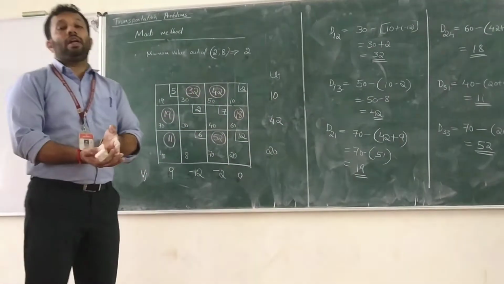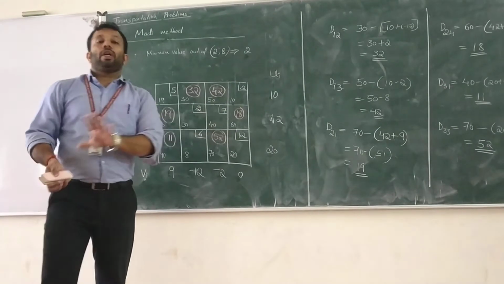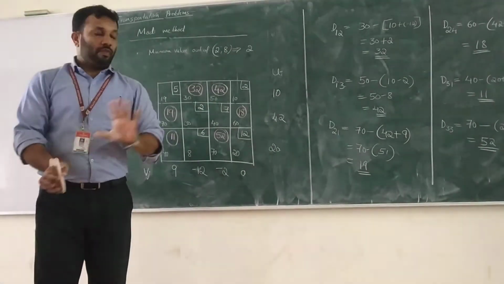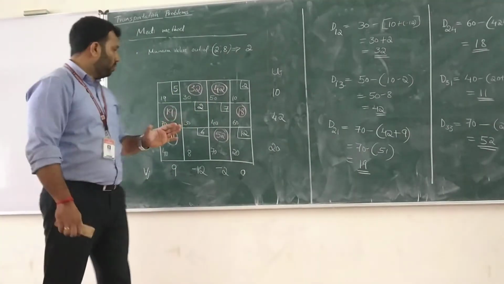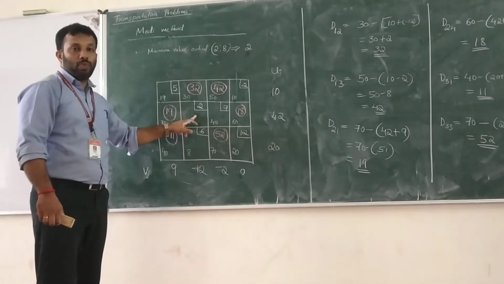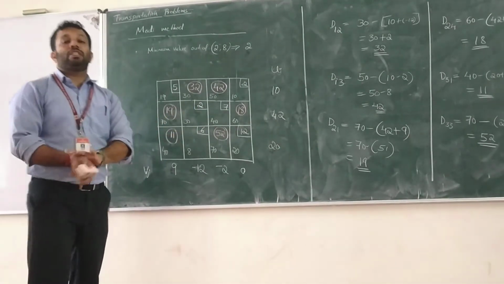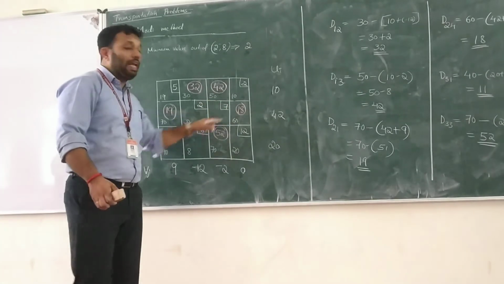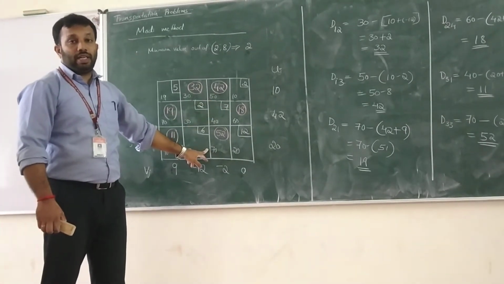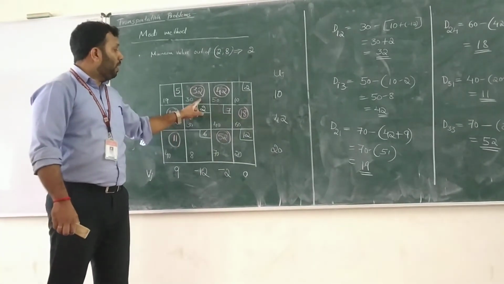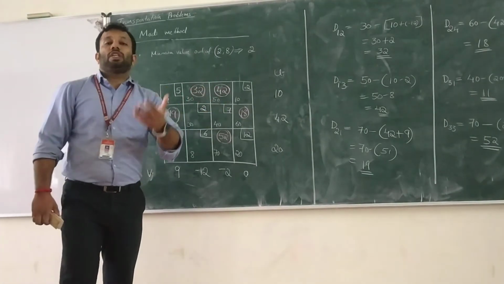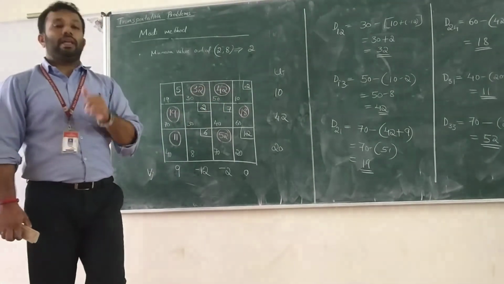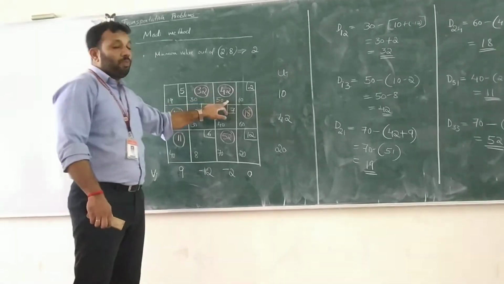All the values are positive, so the allocation is perfect. When we have modified the allocation, it has been shifted to this particular position. So now the modification is perfect. If you get a negative Dij value, then you have to carry out the iteration for several steps until you get Dij as 0 or positive values.